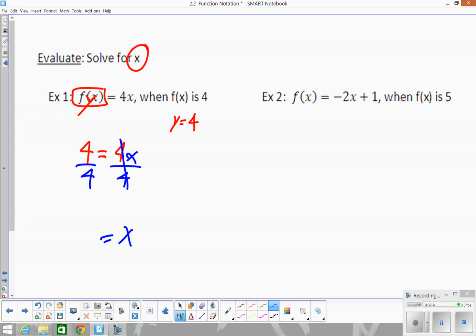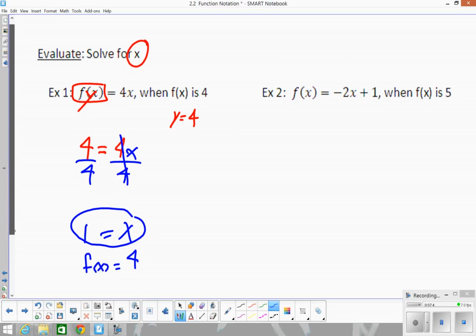Divide both sides by 4, and I'm left with x is equal to 1. Awesome. Now, this is saying f of x equals 4, right? That's what the notation is saying. Now, what did I find my value of x is? 1.